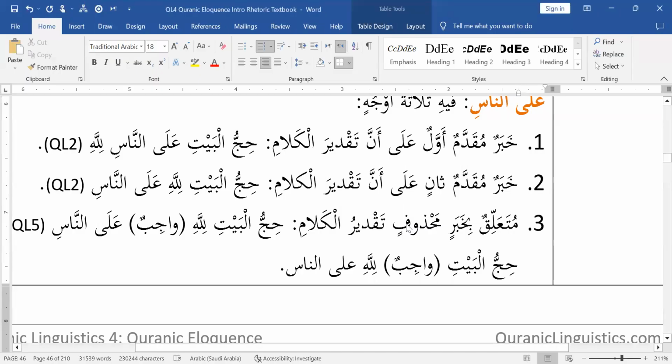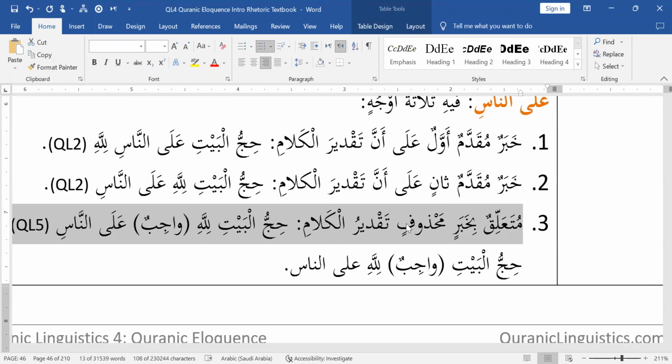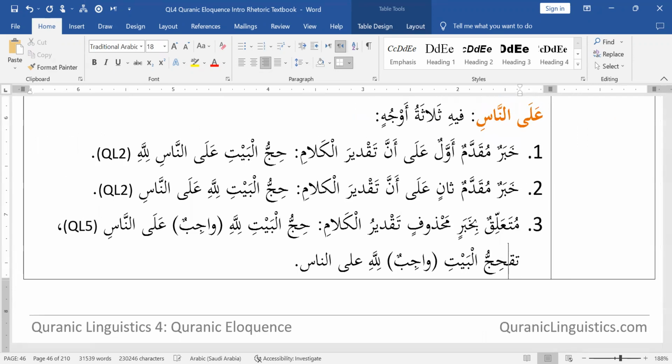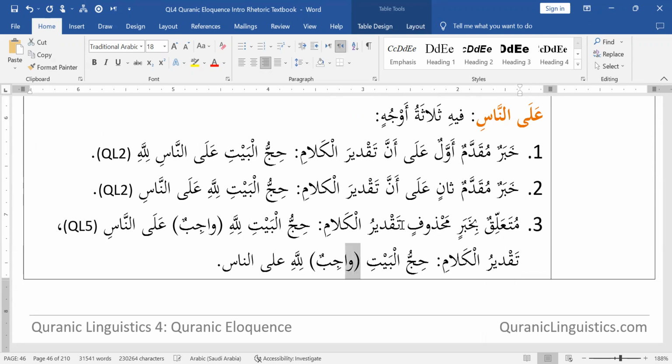So the taqdeerul kalam would be what? The taqdeerul kalam, according to this advanced understanding, would be hijjul bayti wajibun.